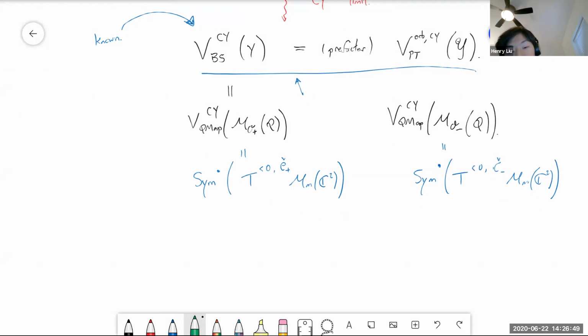And if you remember that every Nakajima quiver variety is actually symplectic, what does that mean? Imagine you had a weight small w in here, right? Then if you've changed your attracting chamber and small w is not in here, well, then its symplectically dual direction must be in here, right? This is h inverse, w inverse.